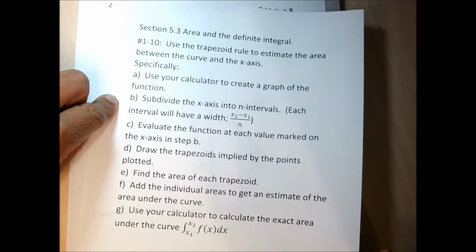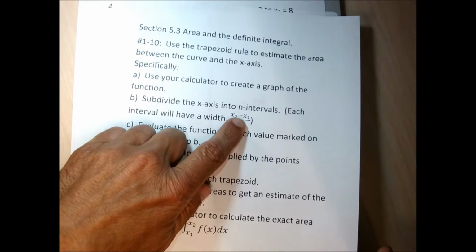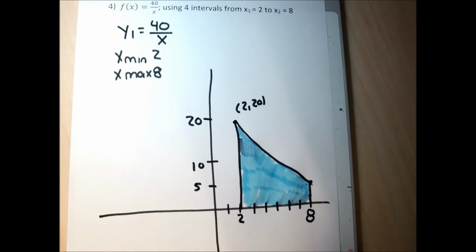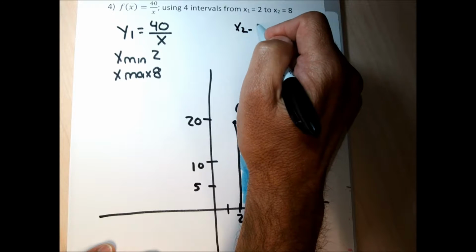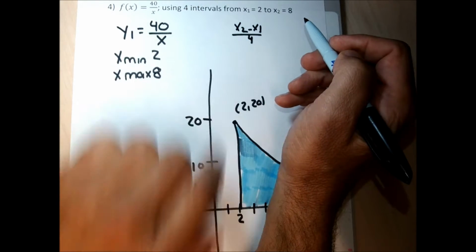Part B, I'm going to put some numbers on my x-axis by taking the endpoints, the x-coordinates, and dividing by the number of trapezoids that I need. So I'm going to go x2 minus x1, in this case over 4, because I'm going to do 4 trapezoids.